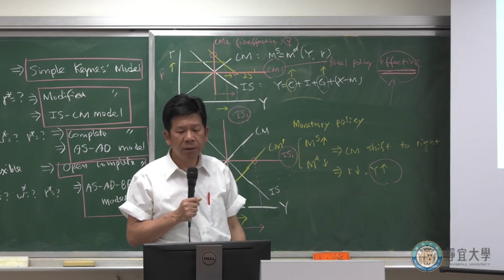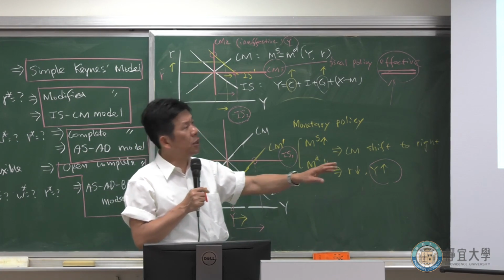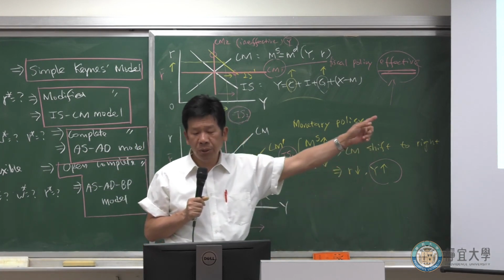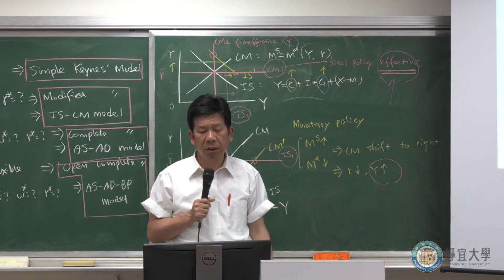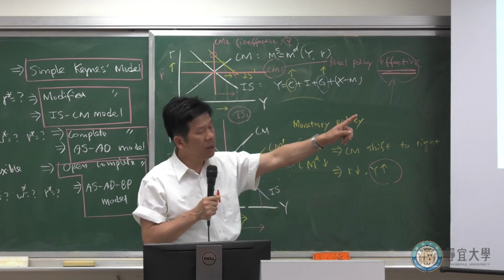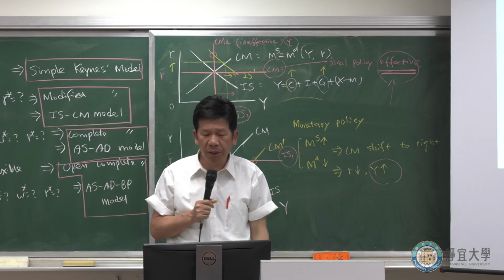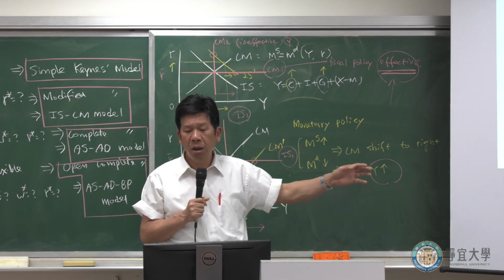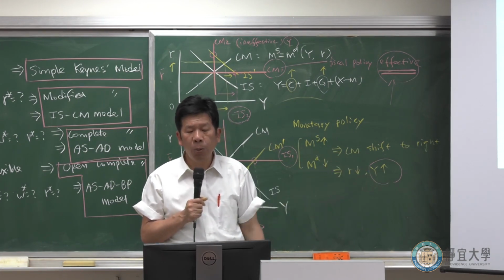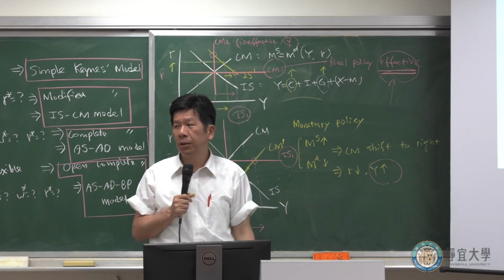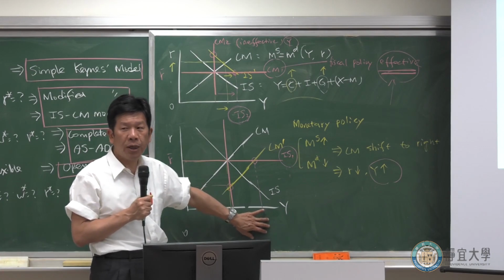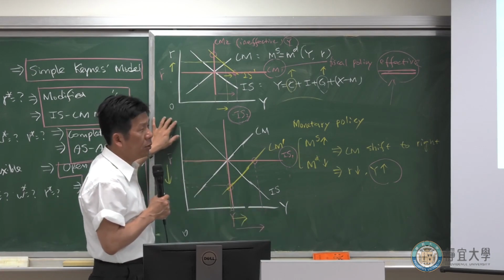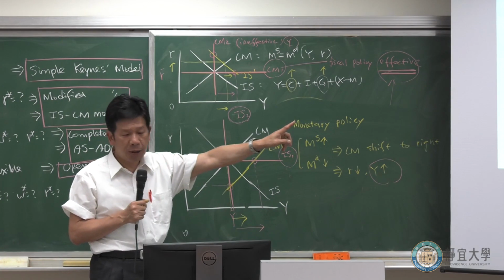Because the goods and assets markets are interconnected, both fiscal and monetary policy have effects on both the level of output and the interest rate. Y represents output, and R represents interest rate.